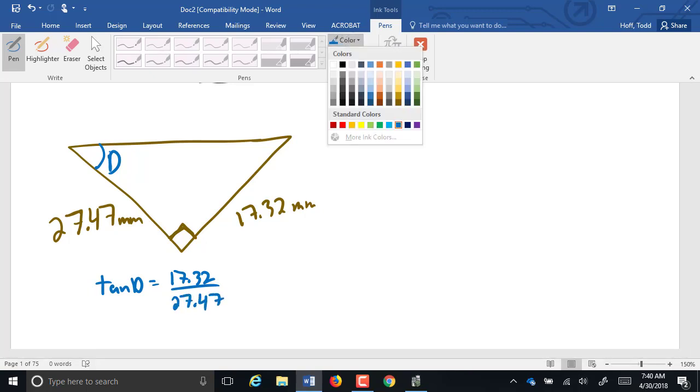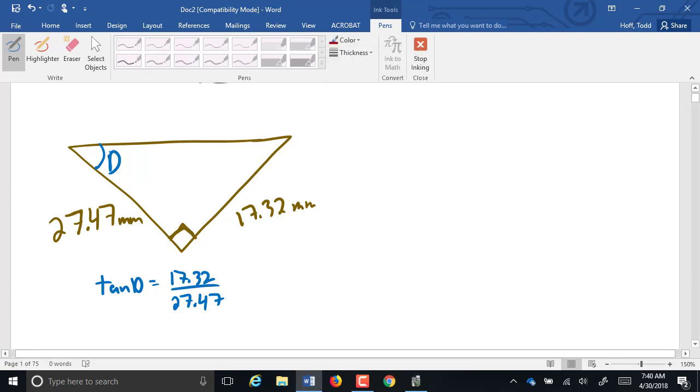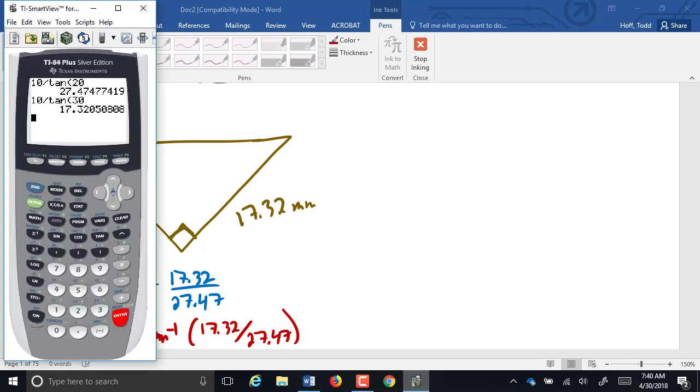Since I'm looking for the angle, I'm going to use inverse tangent. So the inverse tangent of 17.32 divided by 27.47 is 32.23 degrees.